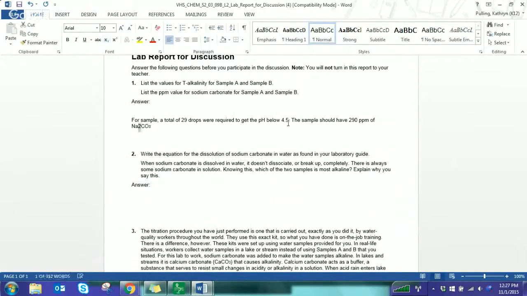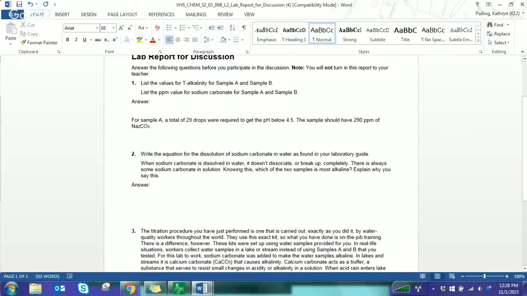Okay. And then when you do this for sample B, sorry, that should be for sample A. When you do it for sample B, you'll do the same thing. You'll count up your total number of drops, multiply by 10 to get your parts per million. Okay?